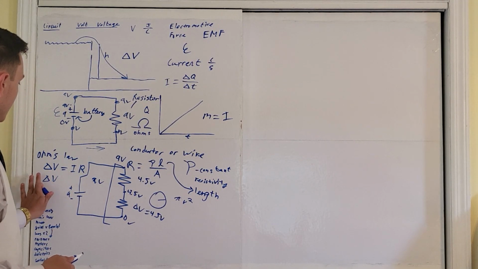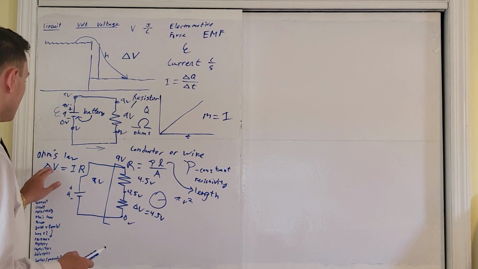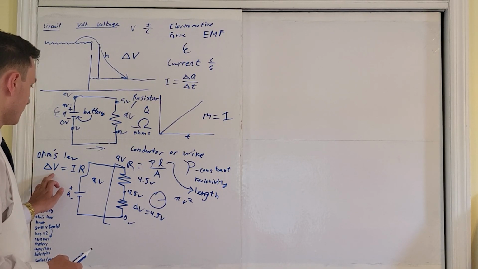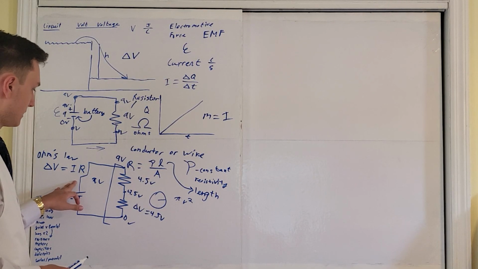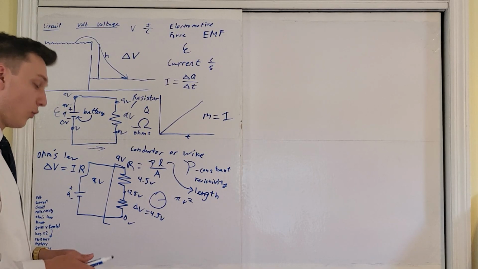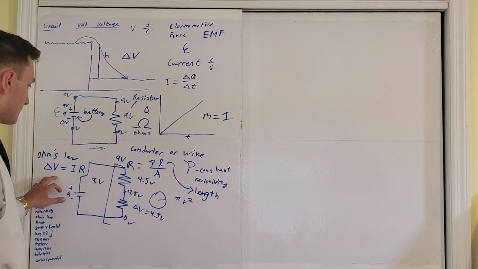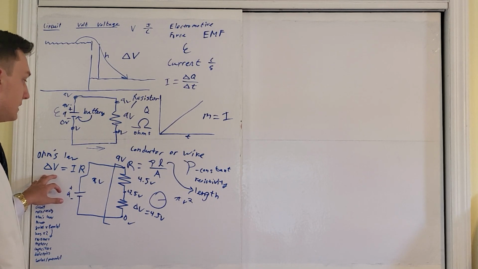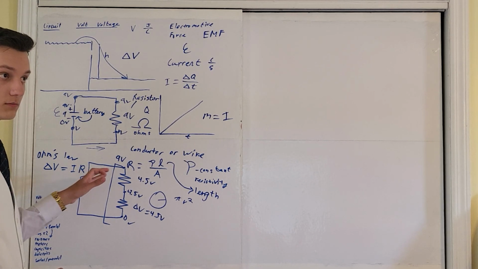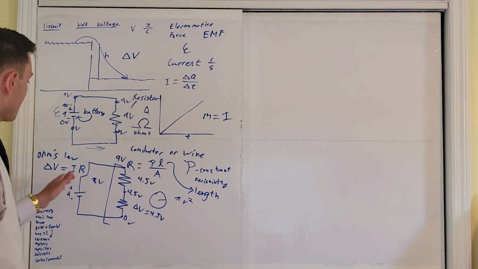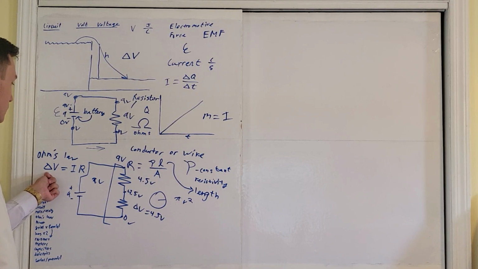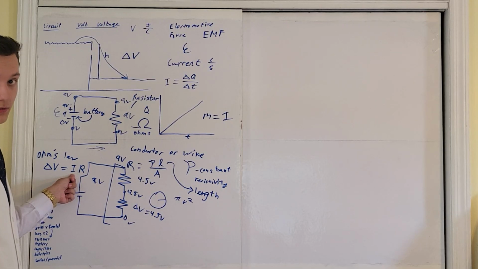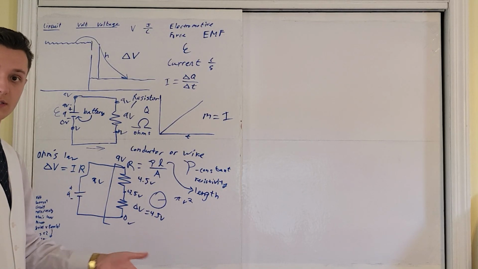So this equation can therefore be interpreted as the voltage drop across a component is equal to the current through that component multiplied by its resistance, or the voltage drop across a series of components equals the current through those components multiplied by their total resistance, or the voltage drop across a whole circuit equals the current flowing through the whole circuit multiplied by the resistance of the whole circuit.